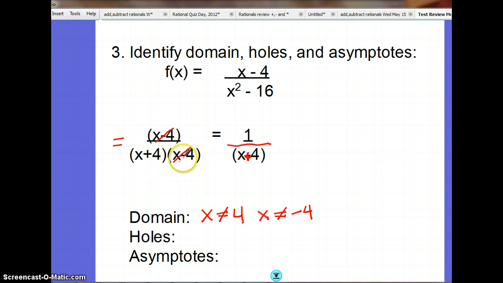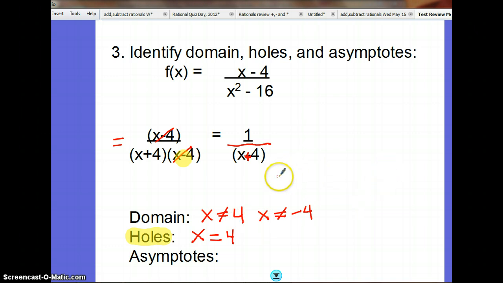The one that canceled was the x minus 4, so what's left of my denominator is x plus 4. Remember, the hole will occur if there was a factor that disappeared. So this x minus 4 is not in my final answer, but it would be problematic if I were to plug in the value of x equals 4 because it would produce an undefined expression. So there will be a hole in the graph there.